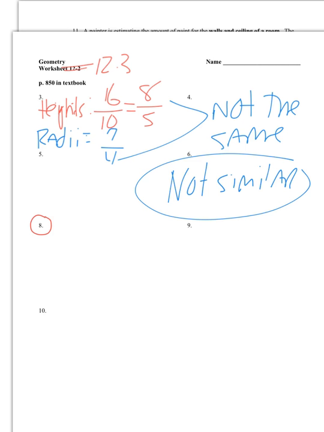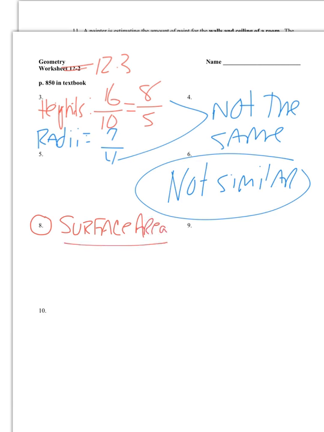In number 8, we need to find the surface area and the volume of the missing solid. It says use the scale factor. Solid A shown is similar to solid B not shown with this given scale factor of A to B. Find the surface area and volume of solid B. To use the scale factor, we're going to do two different calculations. Surface area first.